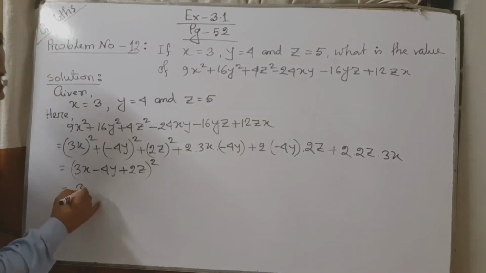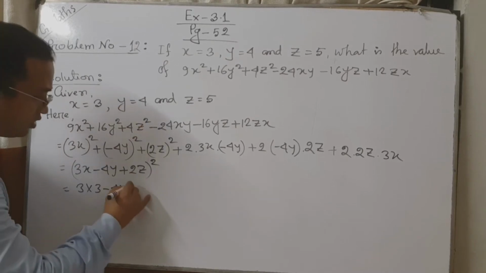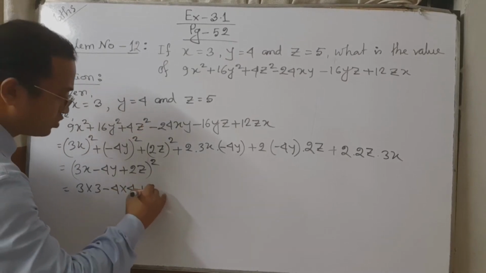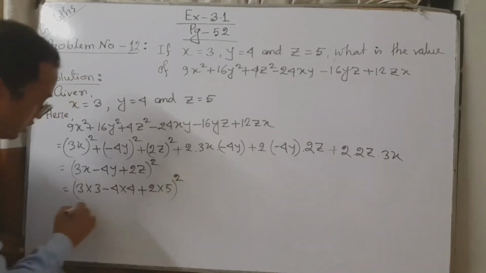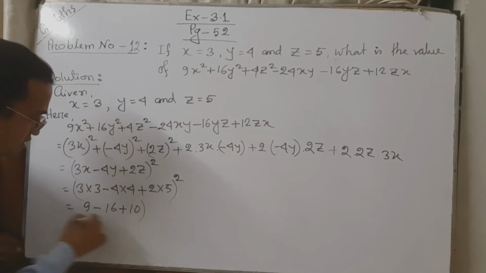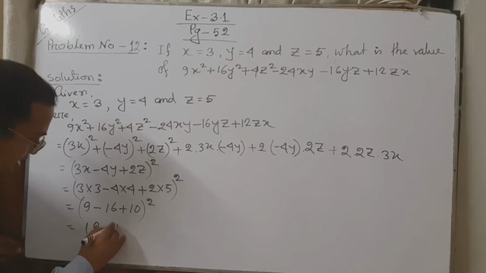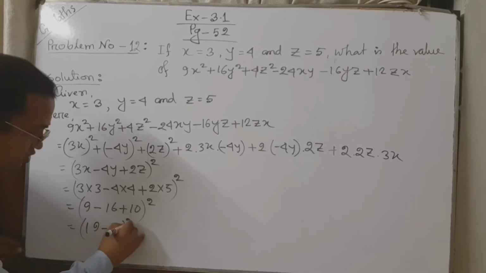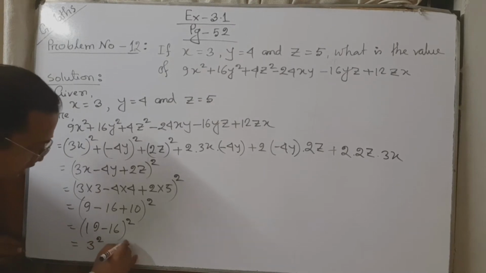3 into 3 minus 4 into 4 plus 2 into 5, and overall there is a whole square. 9 minus 16 plus 10 whole square, that is (19 minus 16) whole square, that is 3 square, that is 9.